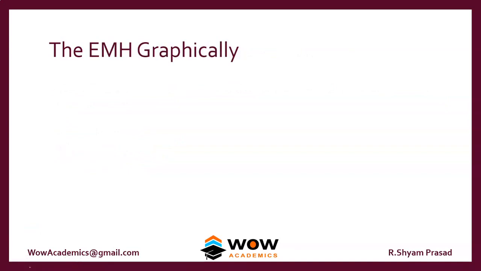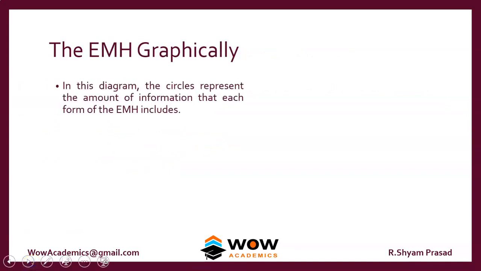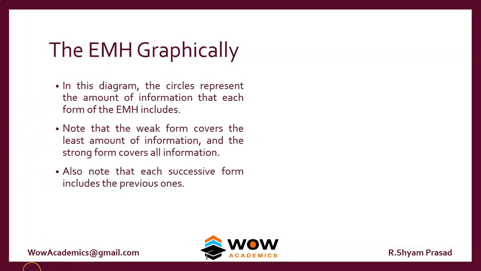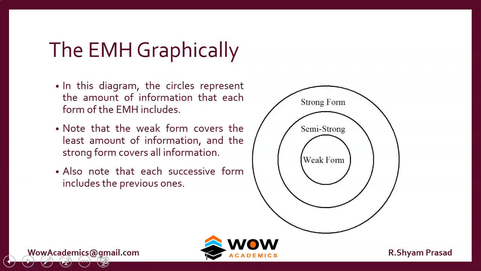Let's look at the EMH graphically. We'll start from the theory here. In this diagram, the circles represent the amount of information included in each form of EMH. The weak form contains a small amount of information. Semi-strong contains more, as it includes the weak form information also.